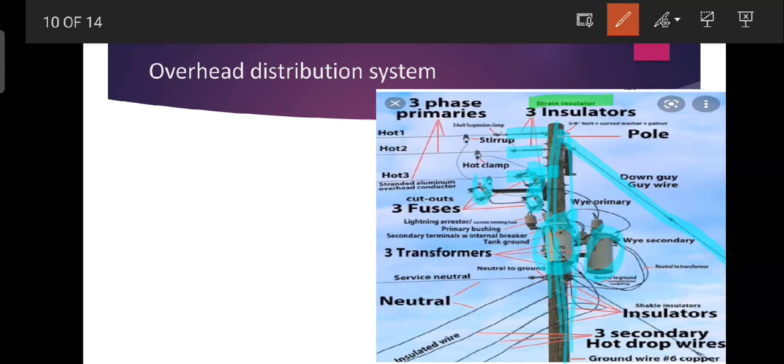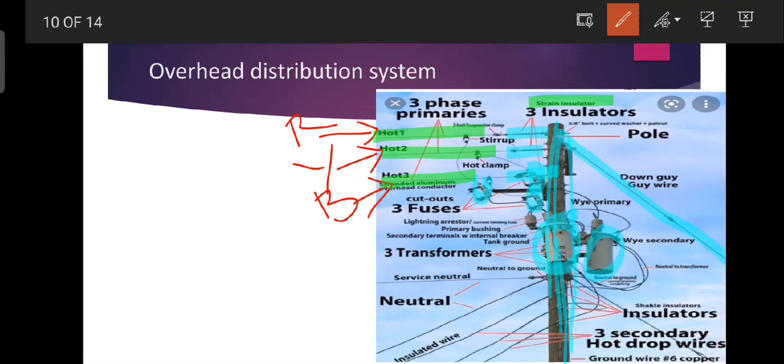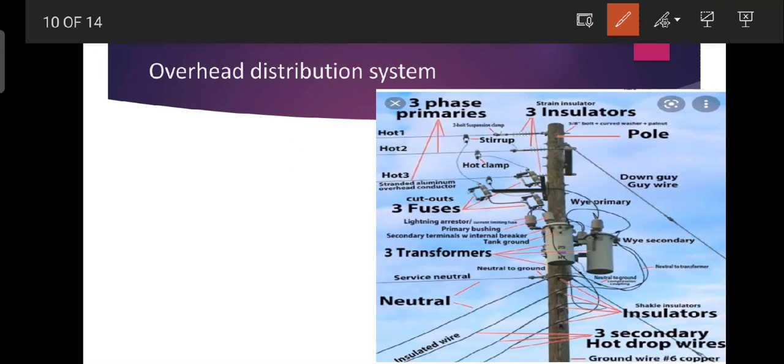Okay, and there is a 3 wire 3 phase system connected over here, like phase red, phase yellow, phase blue. It may be red phase, it may be white phase, it may be blue phase.